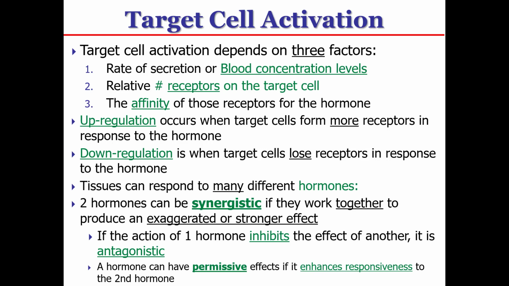So if they work together, they end up producing an exaggerated or stronger effect in the target cell when you have two or more hormones working on the same target tissue. The opposite would be true if one of those hormones is sort of inhibitory to the effect of the other, and that would be an antagonistic type of situation.